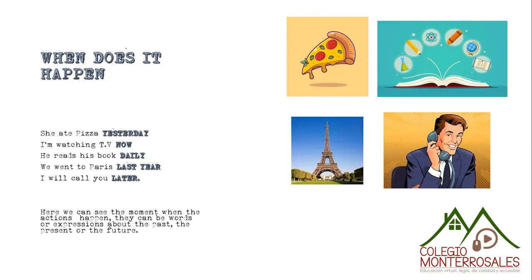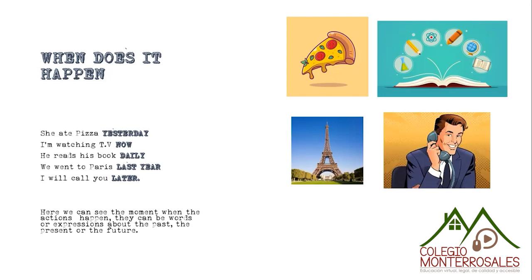For number one, yesterday is the past. For number two, now is the present. For number three, daily is the present because we have reads. For number four, last year is about the past.